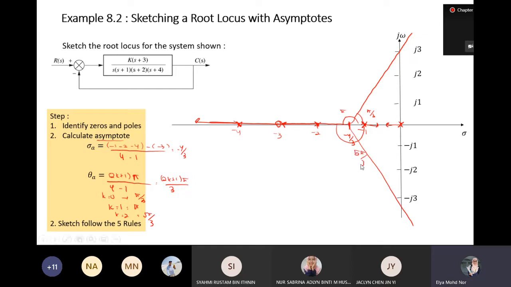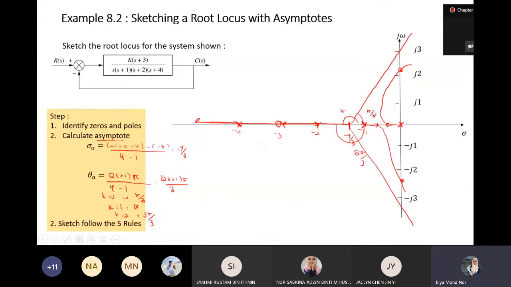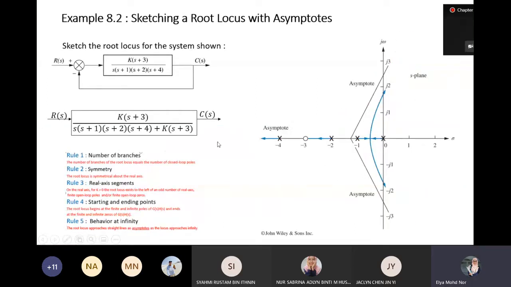So we know that the root will go somewhere like this, and one of the roots will go somewhere like this, because it will cross somewhere here. From this sketch, we know that it meets the 5 rules.